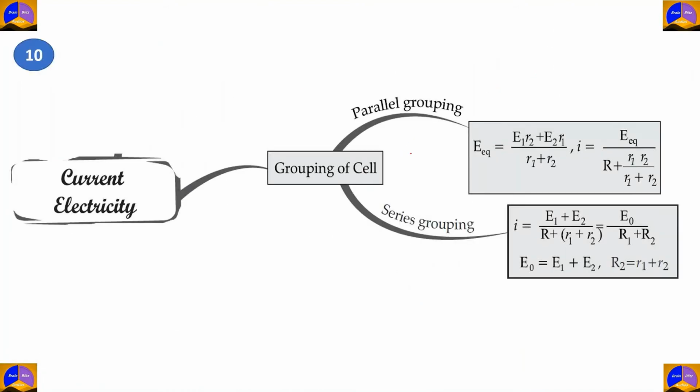Let's move on to grouping of cells. Since electric cells have resistances, they are also grouped in series and parallel combinations. In a series combination, we know the formula I is equal to E by R plus r. Now suppose you have two cells connected in series.